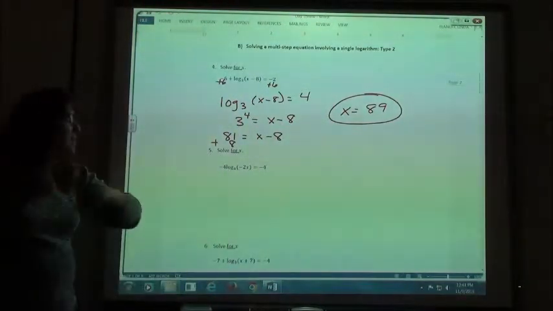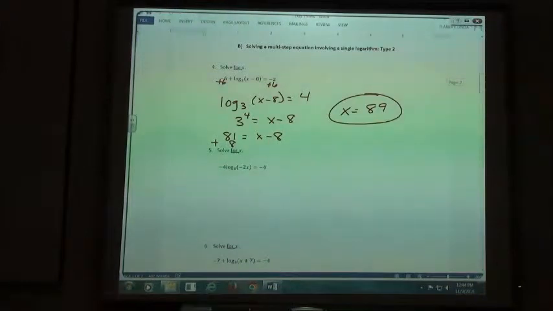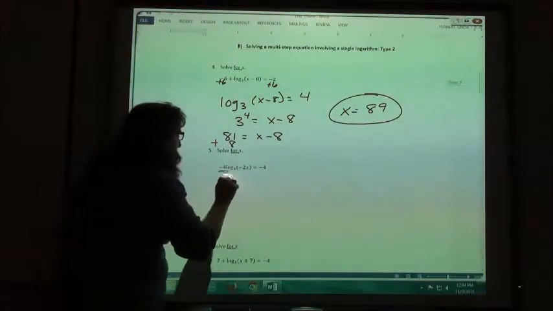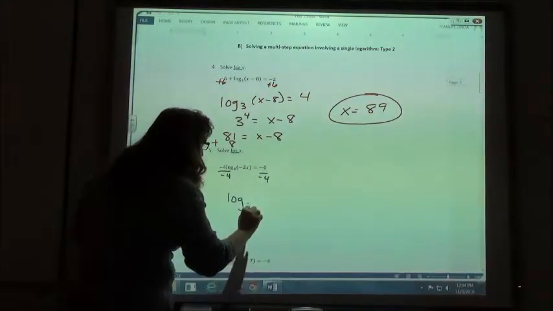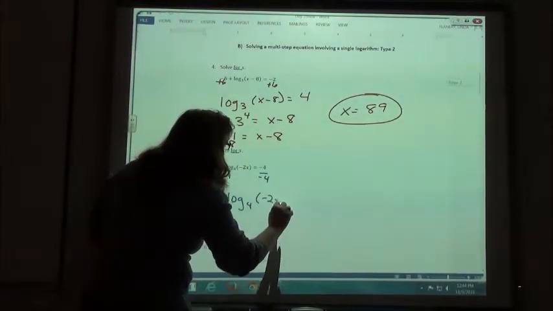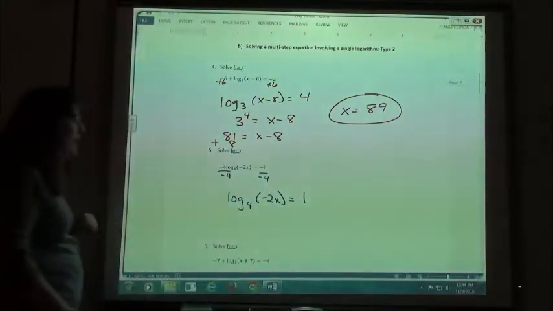So number 5, if I want to get the logarithm by itself, what might I do first? Divide by negative 4, right? I'm going to divide by that negative 4. And so I'm going to get log base 4 of negative 2x equals positive 1, right?